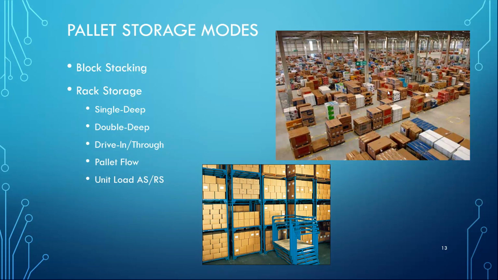The rack can also be made in a way where the equipment can drive in or through. And the rack can be pallet flow or unit load automatic storage and retrieval system.